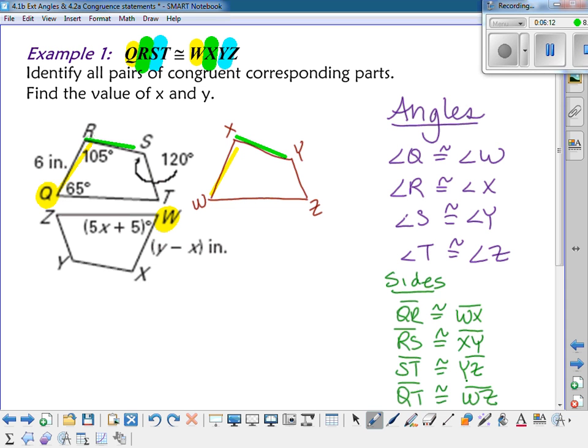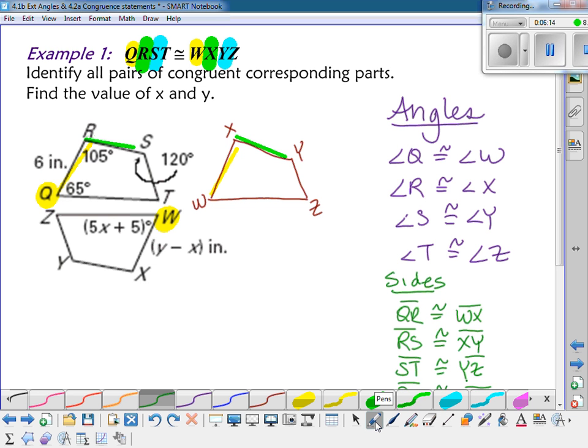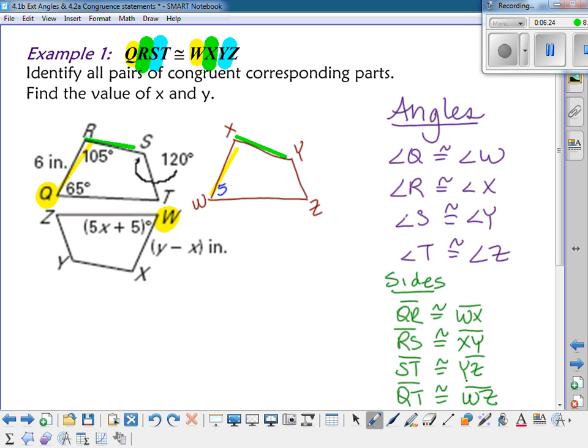Now I have to find the value of x and y. So I'm going to transfer the information into my new figure. That was from the old one. So I see angle W is 5x plus 5, so I'm going to put my 5x plus 5 with angle W. And then I see that WX here was y minus x, so that belongs right here on my new figure.